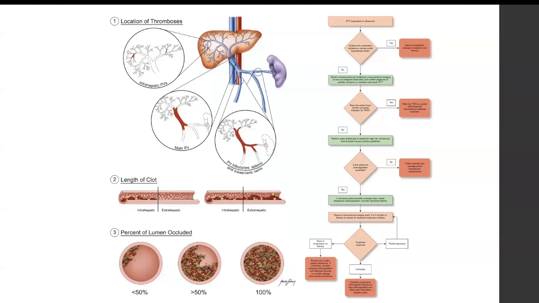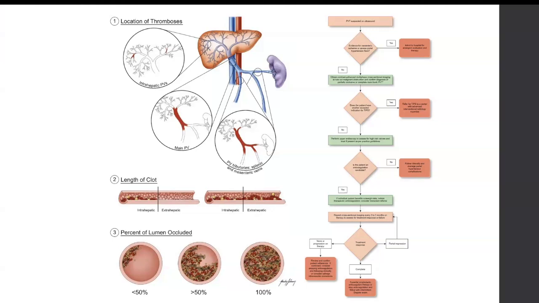But once the whole portal vein is occluded, then I'm much more likely to want to go in there, because if there's no flow, then the body can't really access the clot. If there's no flow through or past the clot, then the normal lytic mechanisms aren't going to work. And so the problem is the longer that clot sits there, the more organized it gets, and the more likely you are to get that cavernous transformation.